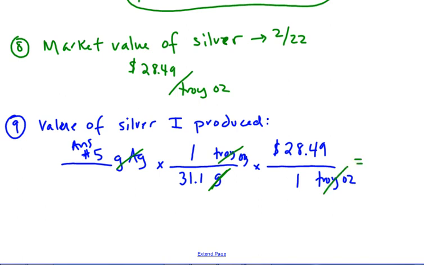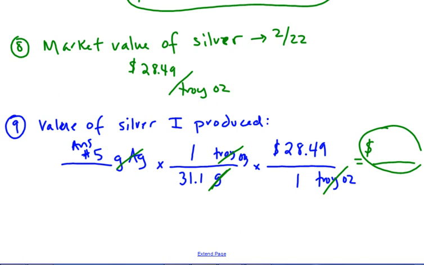You take your answer from number 5, whatever that was, your grams of silver, which should probably be less than 1 gram. You're going to divide that mass of silver by 31.1, hit the equal sign, and then multiply that answer by 28.49. So you'll get a final answer, the value of your silver. My guess is that it's worth somewhere near $1.